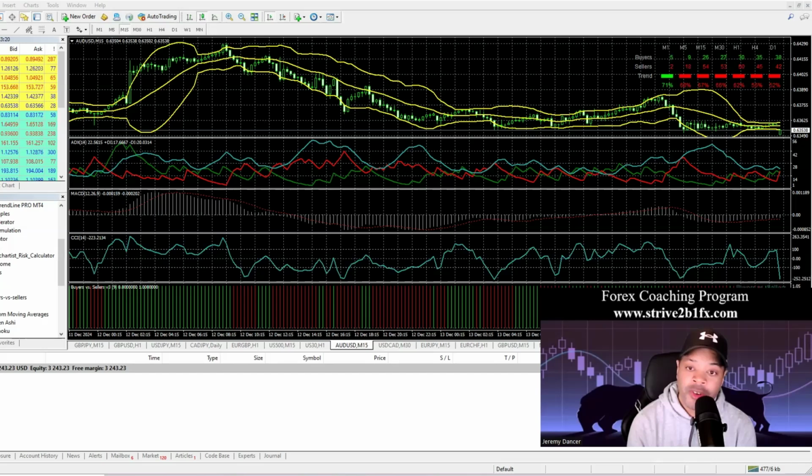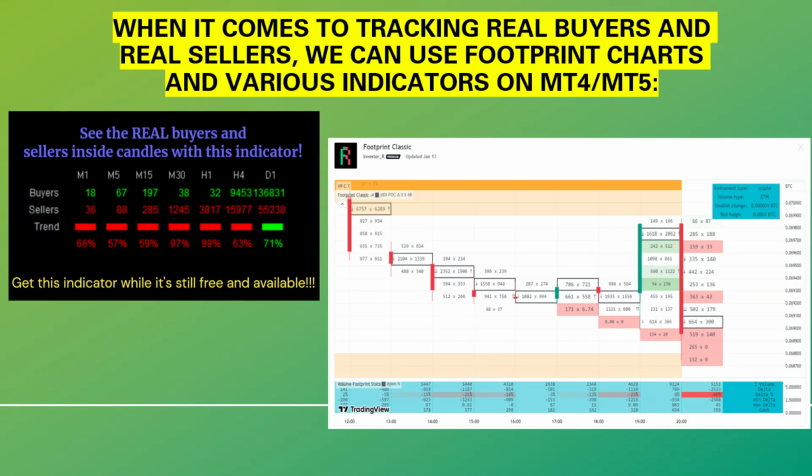All right, so the first indicator we have is the buyers versus sellers indicator. This indicator tells us the buyers and sellers in each candle. As an option, you can even use footprint charts on TradingView that can give you this information as well.